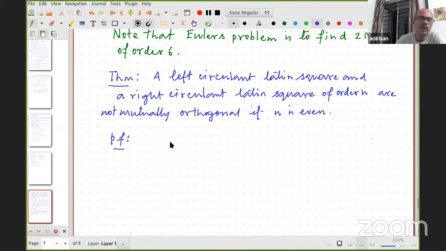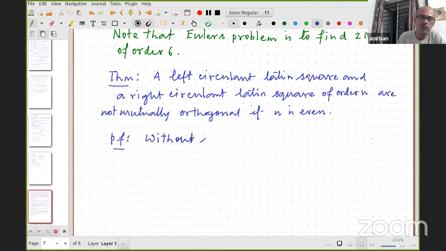We use modular arithmetic. These are n cross n blocks on an n alphabet, so we simply assume that they are elements of Zn. That can be done without loss of generality.